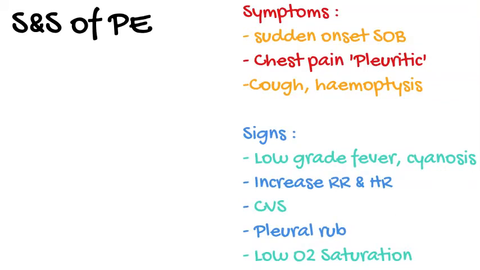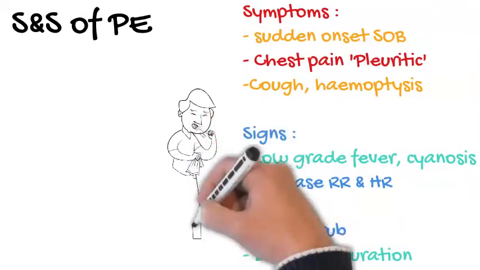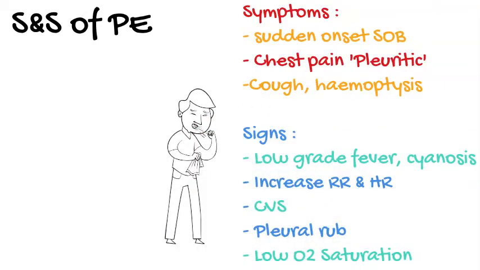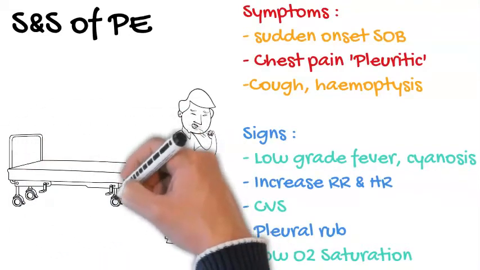In the CVS, cardiovascular system, the patient will present with left parasternal heave, loud P2, increase in jugular venous pressure, JVP. In the lungs, usually we can hear a pleural rub. And ABG will show a low blood oxygen saturation.